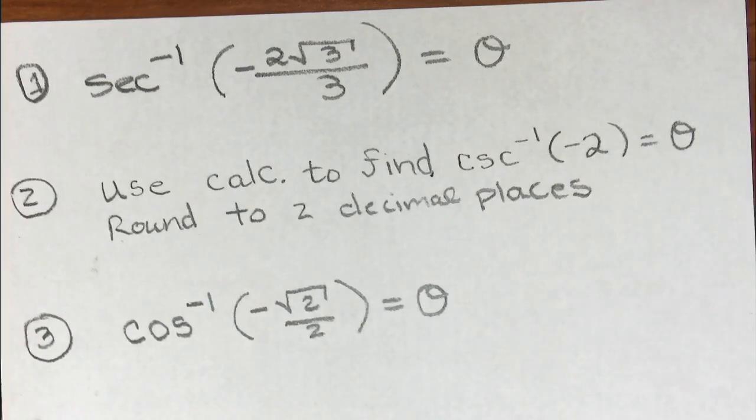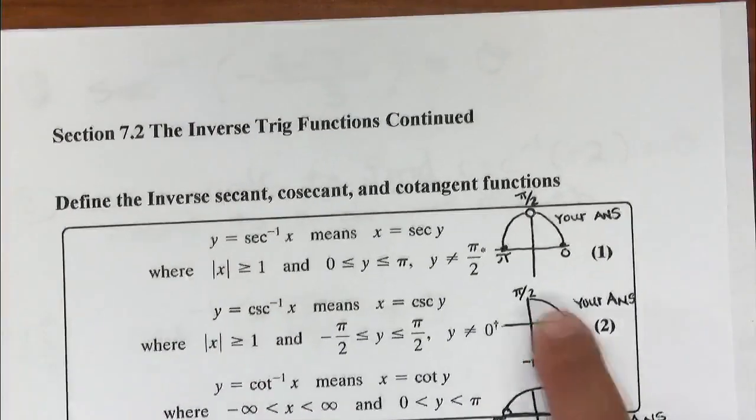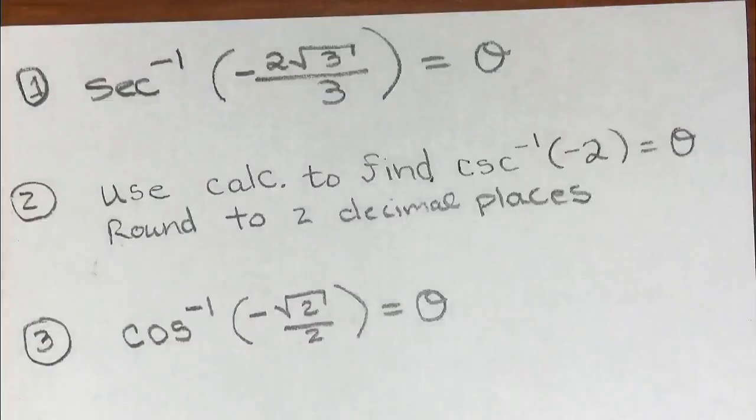By the restrictions, like you're doing number 2. We'll go look at the picture for the restrictions for what that problem starts off with, inverse cosecant. So you should be looking at that picture. And when you're looking at that picture, see how you can be either here or here? What answer did your calculator give you?